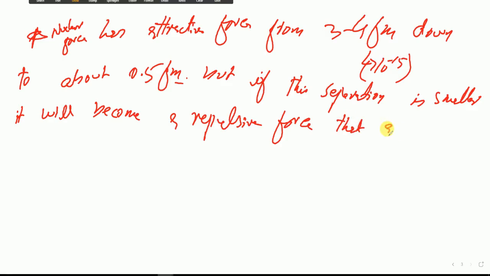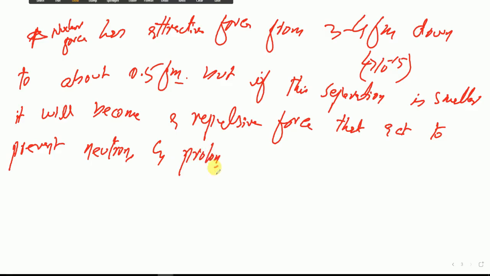Because that acts to prevent neutrons and protons being pushed into each other. Got it?